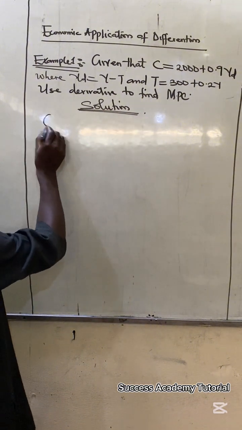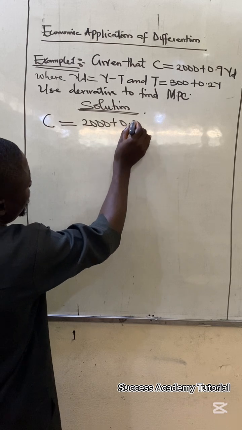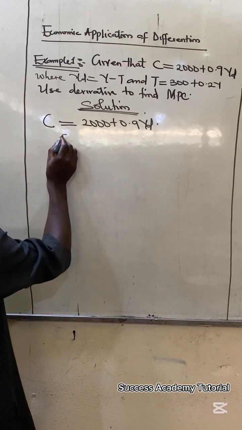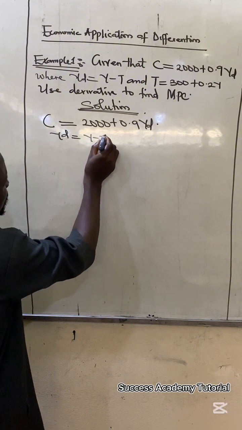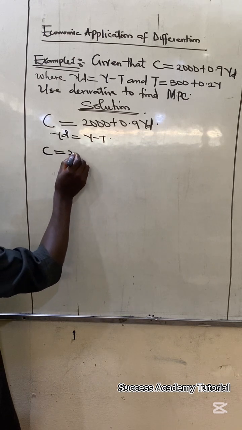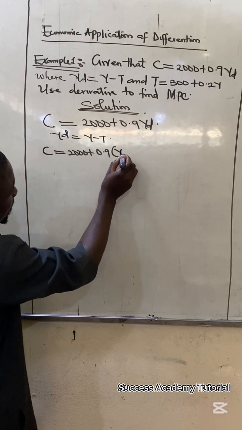Here we are given our C to be equal to 2000 plus 0.9 yd, and then we are told that our yd is equal to y minus t. So we need to substitute that into the formula we have. C is equal to 2000 plus 0.9 into bracket y minus t.